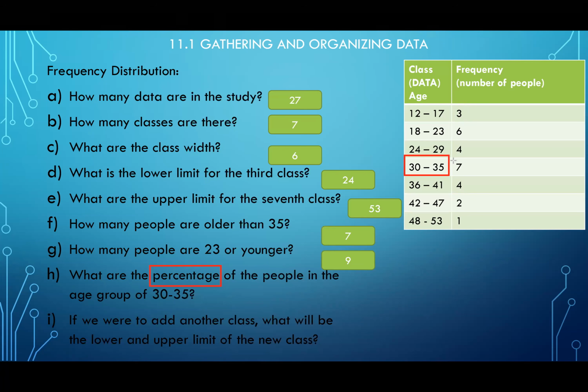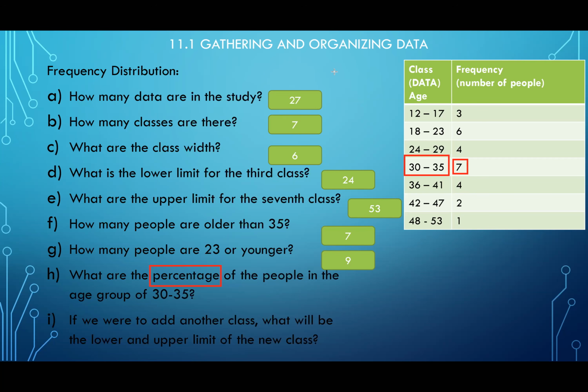In order to find a percentage, this is what you need to do, ladies and gentlemen. You take the number of people in that category or age group divided by the total number of people in my study. So it's the same question as before. They ask you, what is the probability? If I go in here and select one person, what is the probability that person is in this age group of 30 to 35?